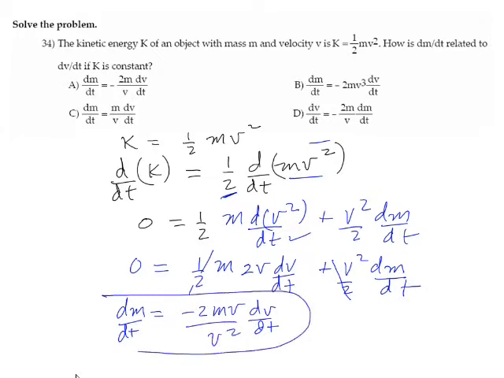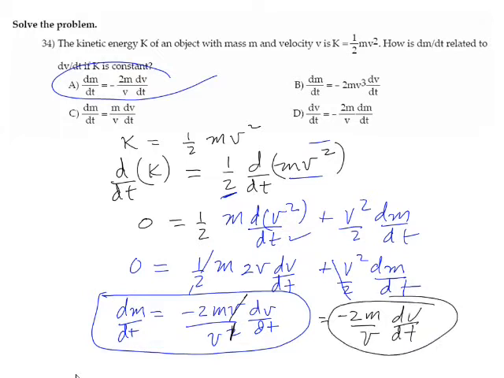All you need to do is solve for dm/dt, and it looks like that answer is number A. By the way, just to look at it, you need to cancel the v here, and you get minus 2m over v dv/dt. That's how you can make it the same as answer A.